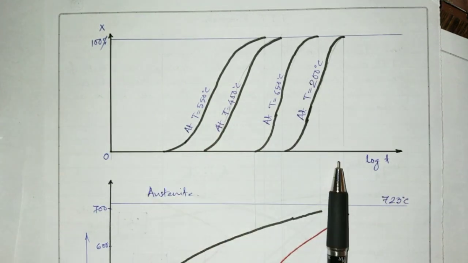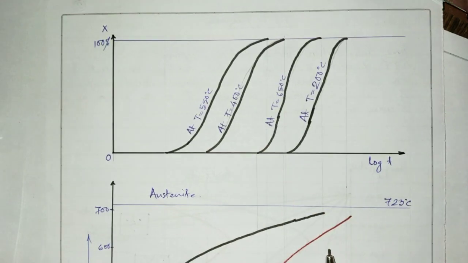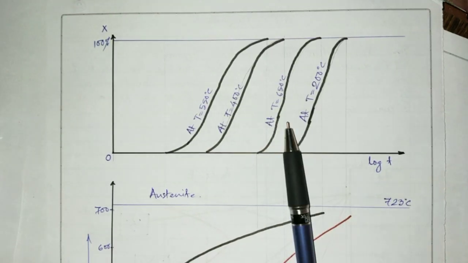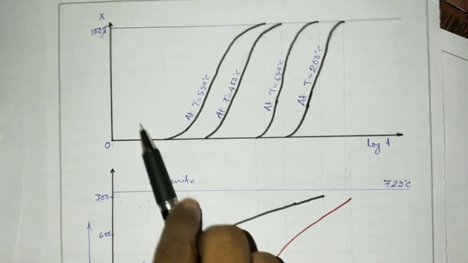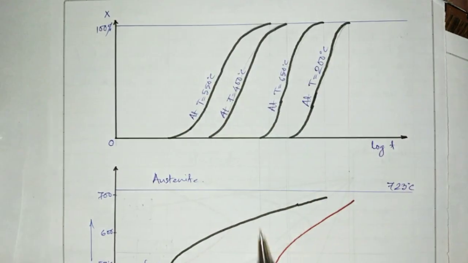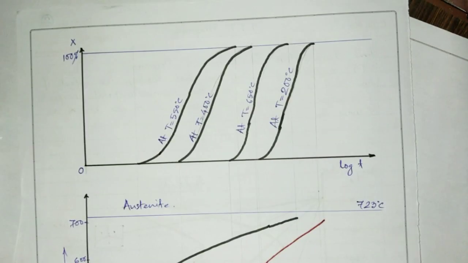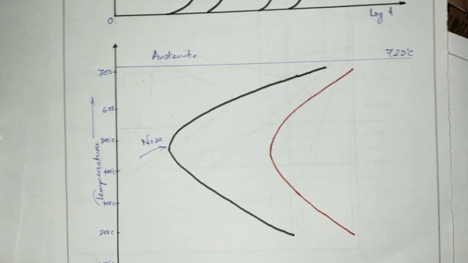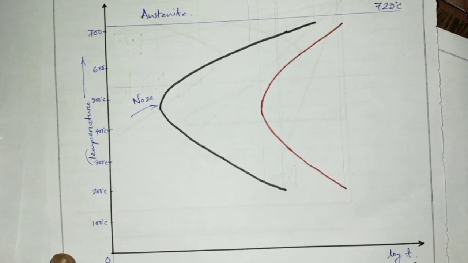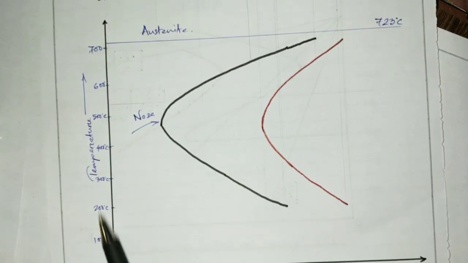There are 4 temperatures that have been taken. One is 550 degrees centigrade, another is 400 degrees centigrade, another is 650 degrees centigrade, another is 200 degrees centigrade. Now we plot those starting times and end times in a graph where the x axis is the logarithmic value of time and the y axis is the temperature.